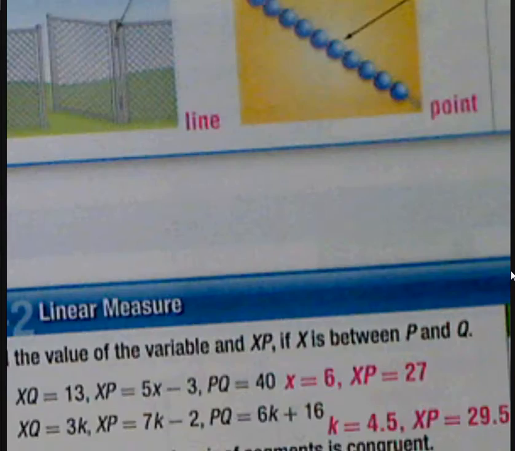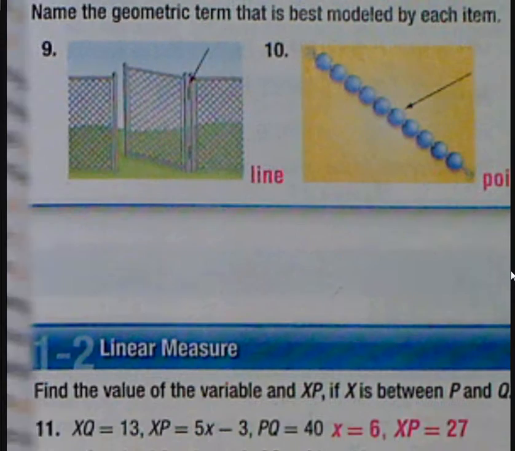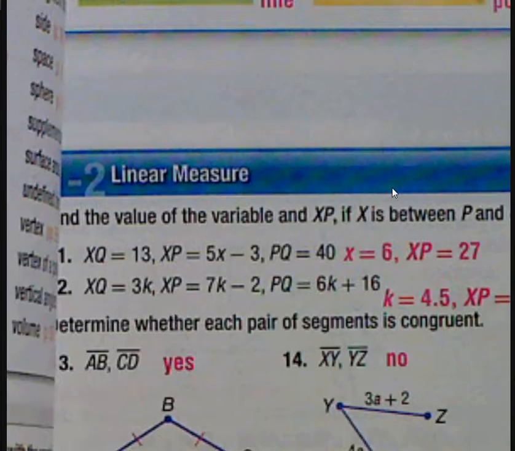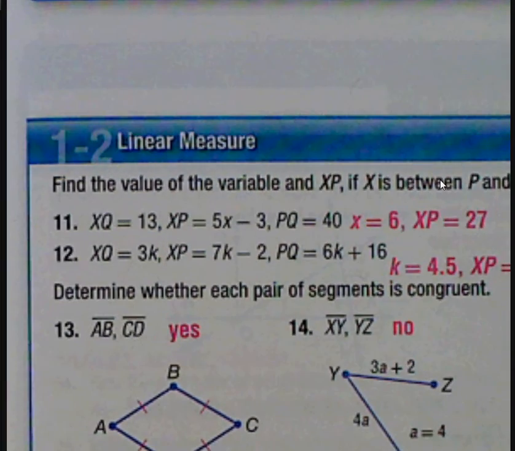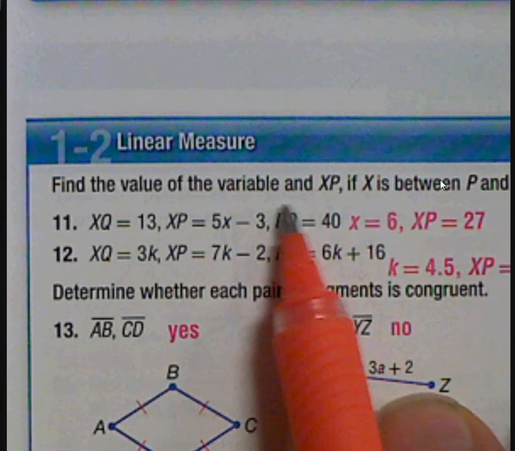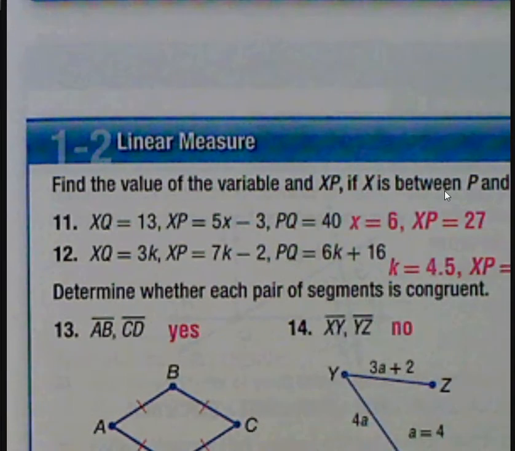Page 79, number 11. It says find the value of the variable and xp if x is between pq.